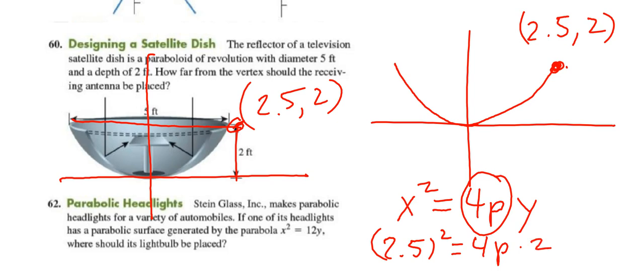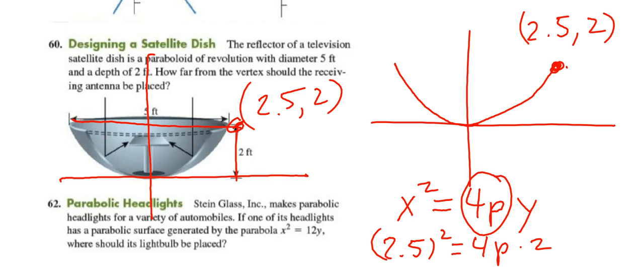Uh, 2.5 squared is not 5. What's 2.5 squared? Okay, I know you're thinking that 4p is equal to 5. The focal width is not 5.